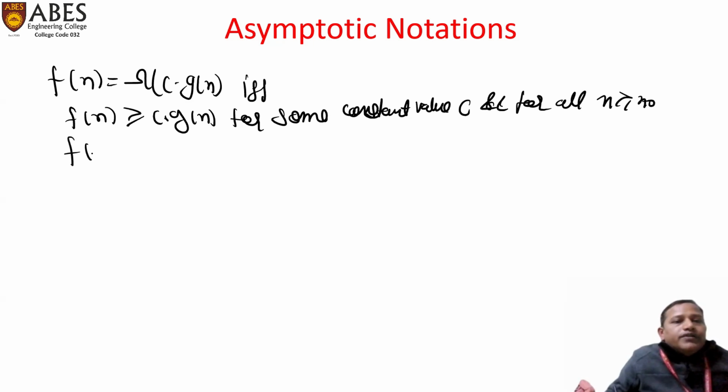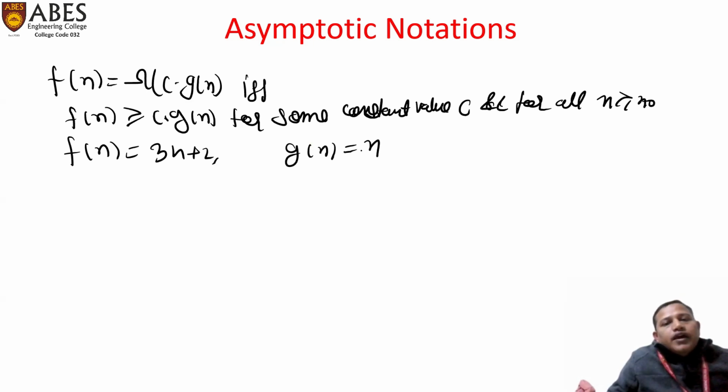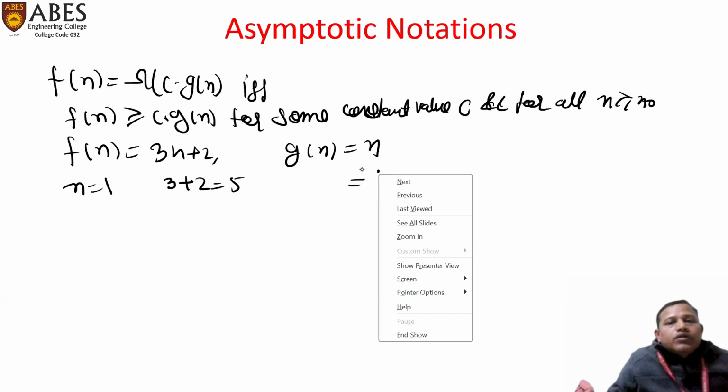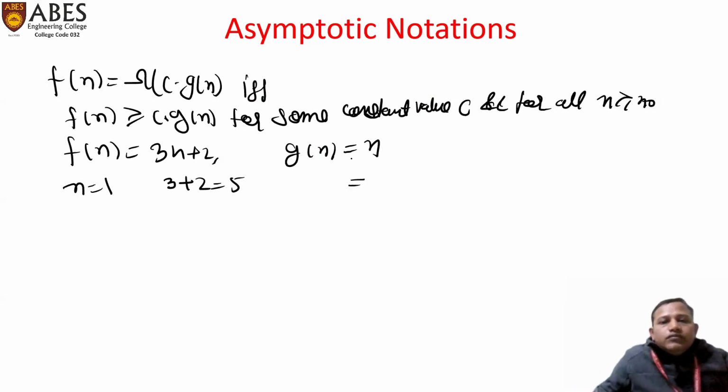For example, if f(n) is equal to 3n plus 2 and g(n) is equal to n, then we check. For n equal to 1, it is 3 plus 2, that is 5, and g(n) is equal to 1.